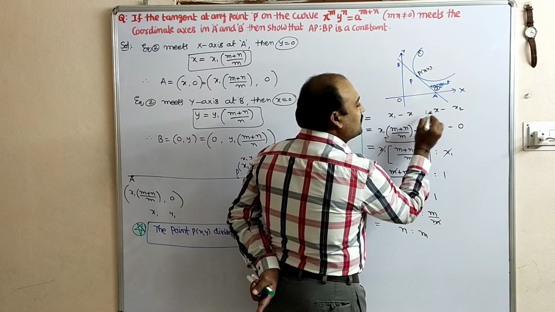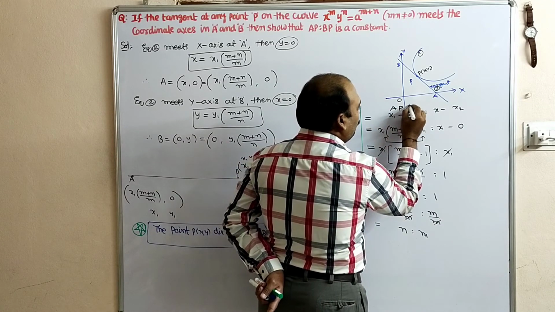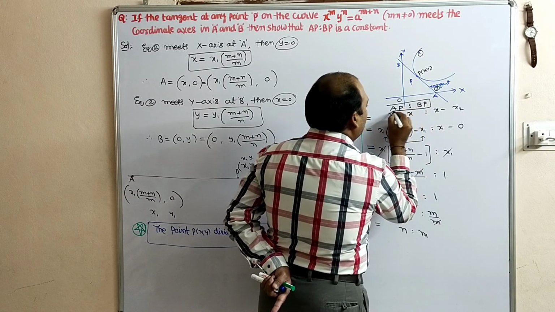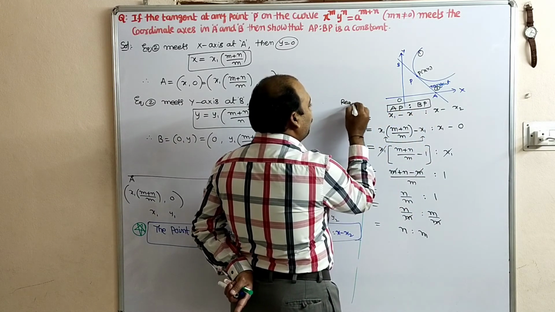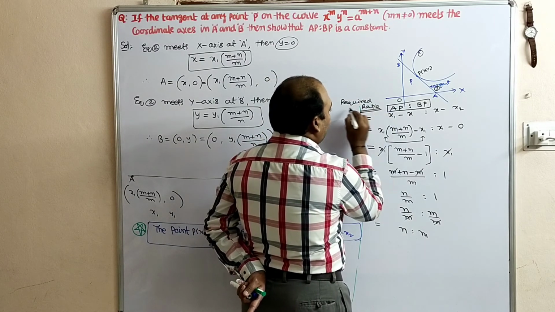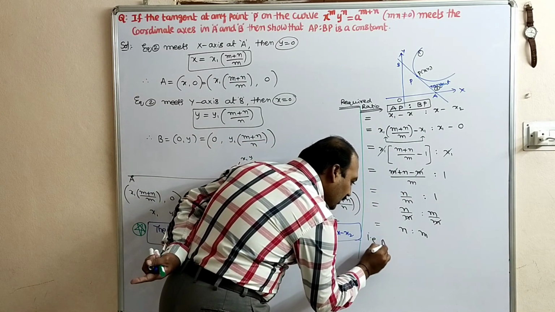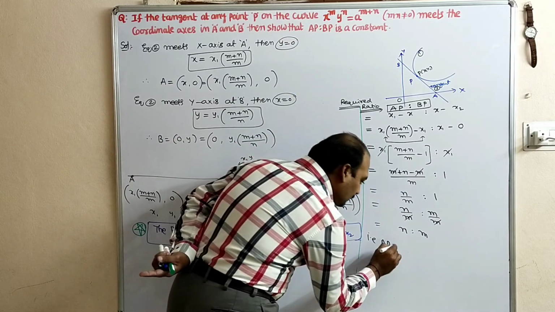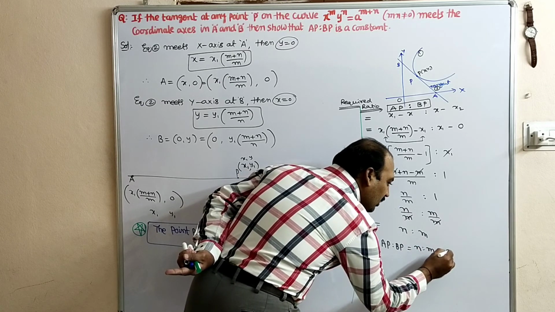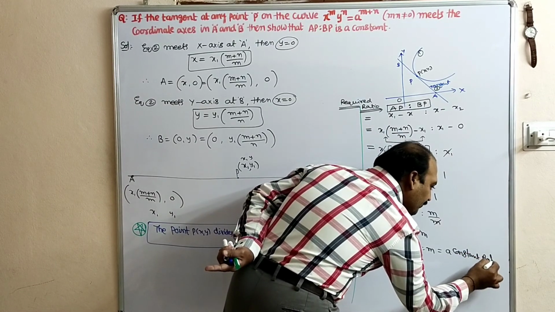This x1 minus x is to x minus x2 means that AP is to BP, which is the required ratio. AP is to BP is equal to n is to m, a constant ratio.